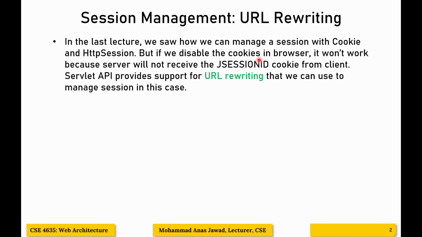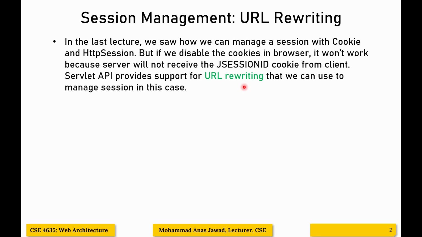So for that reason, we need some kind of alternative, right? And that alternative is provided by the technique of URL rewriting. The URL rewriting technique is actually pretty simple. Since we cannot store client-side cookies to store the session ID, all we have to do is somehow append that specific session ID to the client's request URL so that between each request, the client will always be sending that session ID as a parameter with the URL.